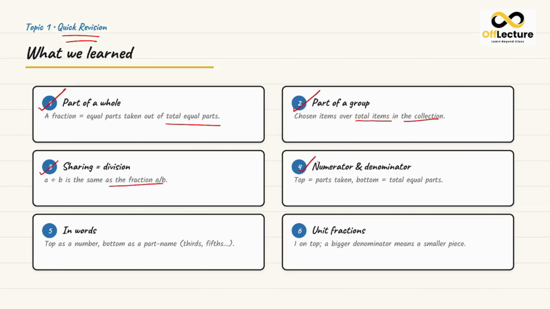Then comes the fourth part, numerator and denominator. Top means the parts taken and bottom means the total equal parts. If we want to write the fraction in words, the top will be the number and the bottom will be the part name. And when we talk about unit fractions, the numerator is always 1, and a bigger denominator means a smaller piece.